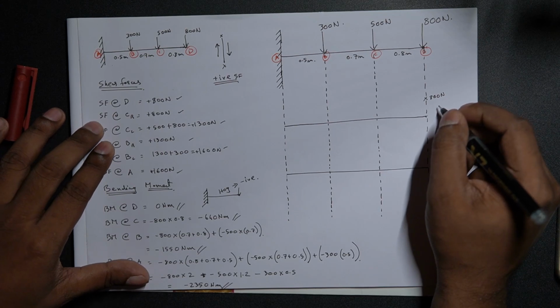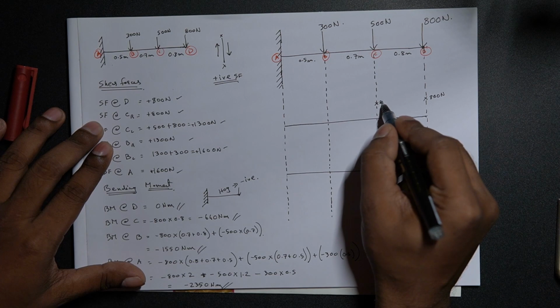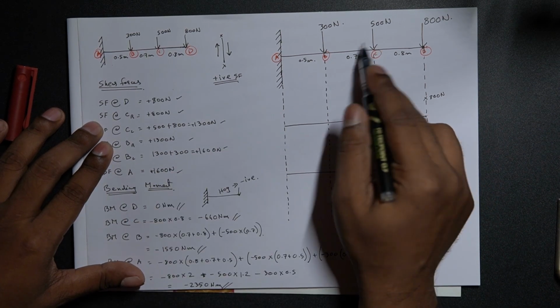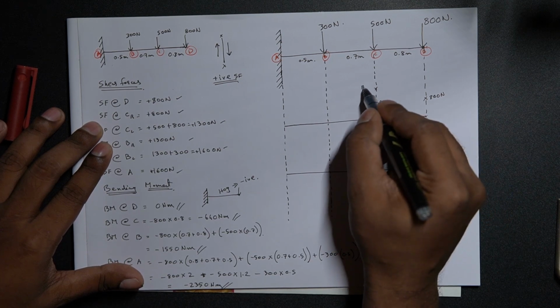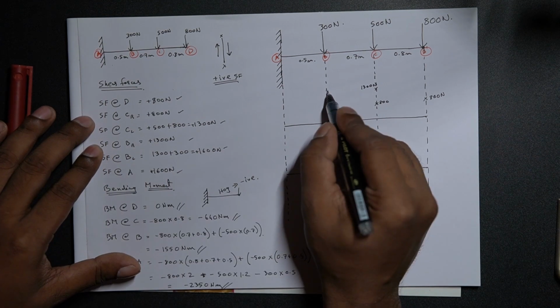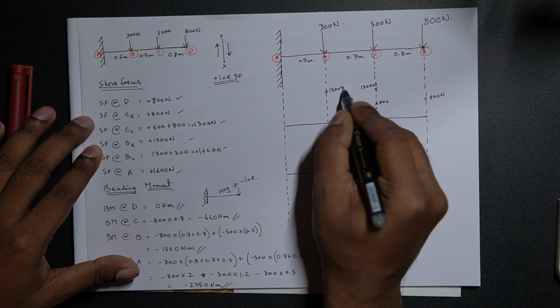Next, shear force to the right of C, just towards the right of C, we have again 800 newtons. Now shear force to the left of C, we have 1300 newtons, that is including C, we have 1300 newtons. Next, shear force to the right of B, this point, we have another 1300 newtons.